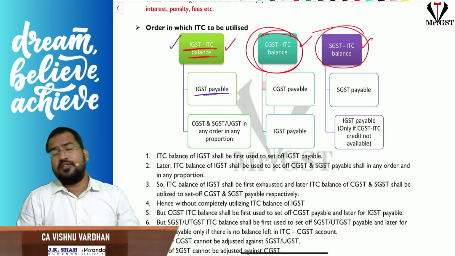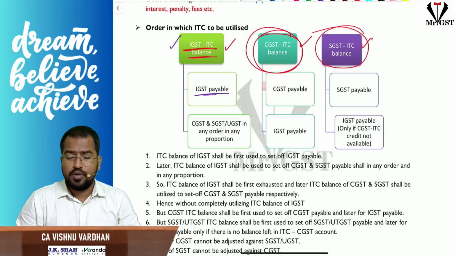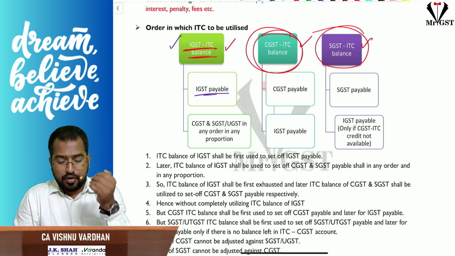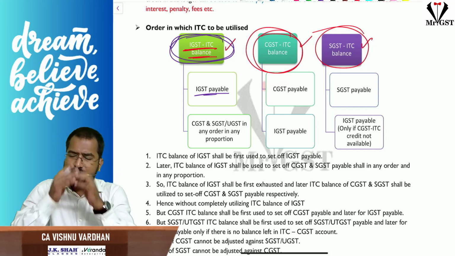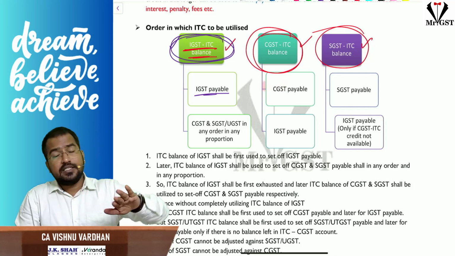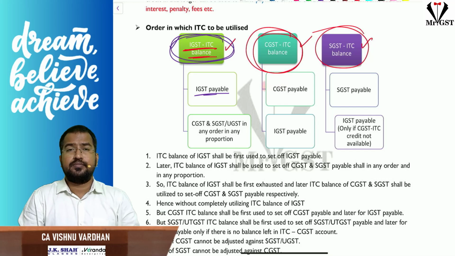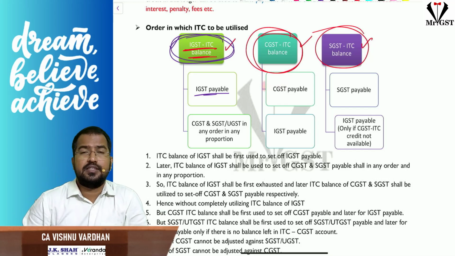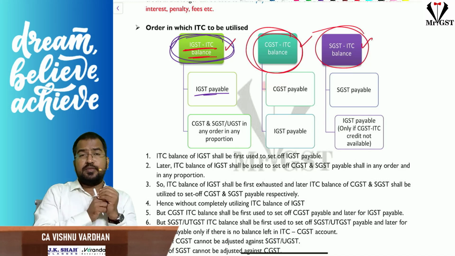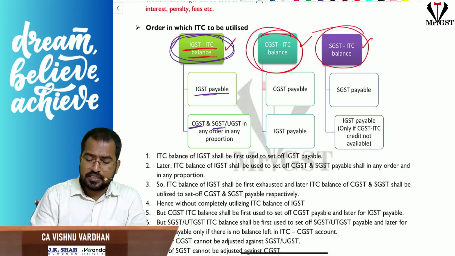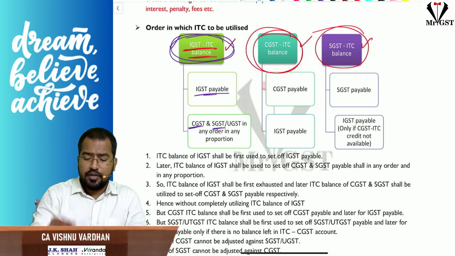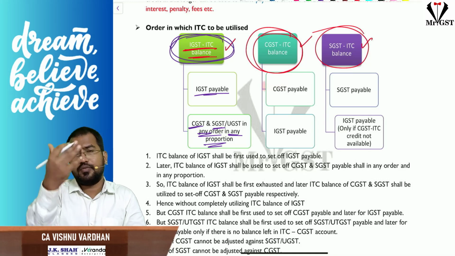After using it for IGST payable also, sir, I cannot 100% utilize this IGST ITC. IGST payable became zero, but the IGST ITC balance is still there. I told you your agenda is to make it zero. So use it for CGST payable or SGST payable in any order, in any proportion, however you want.